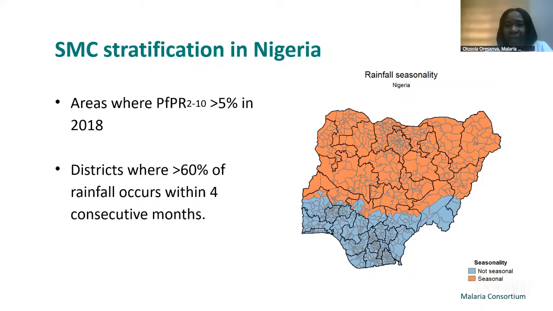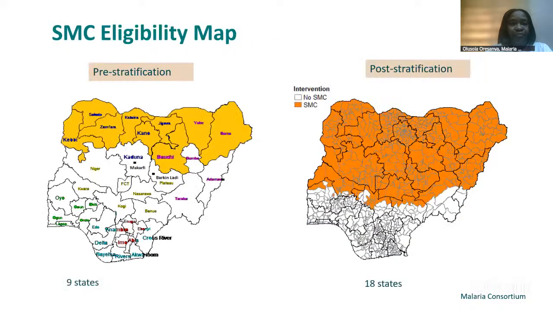That's what you have here. And when that was then combined with areas where malaria prevalence in children 2 to 10 years is more than 5%, as at that time in 2018, this is the map that was produced based on these parameters.